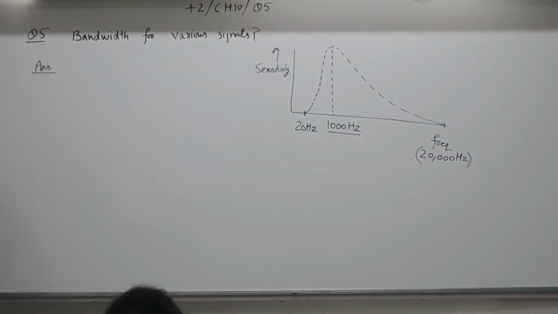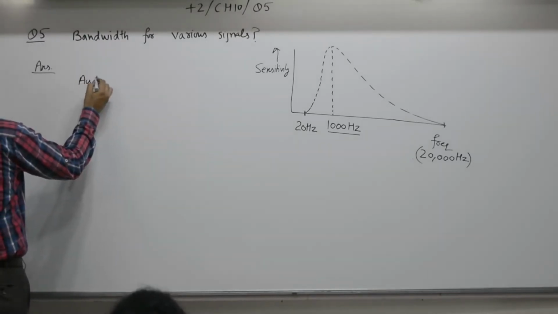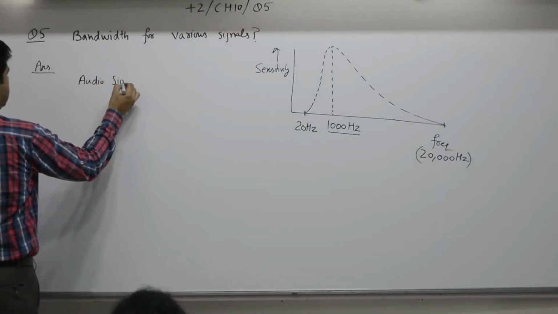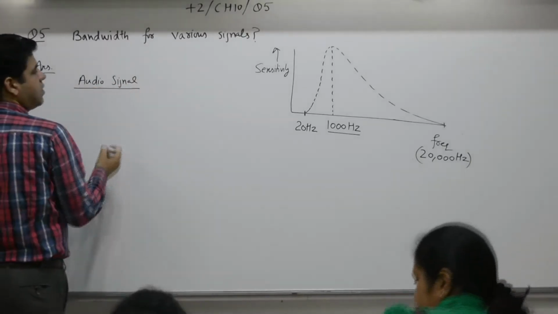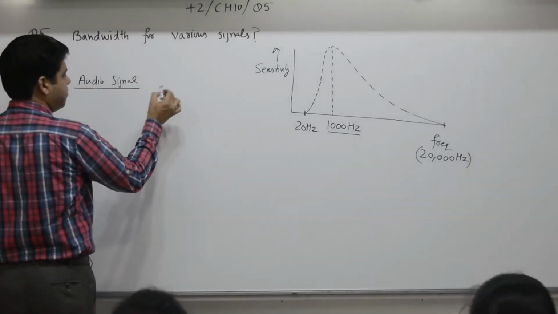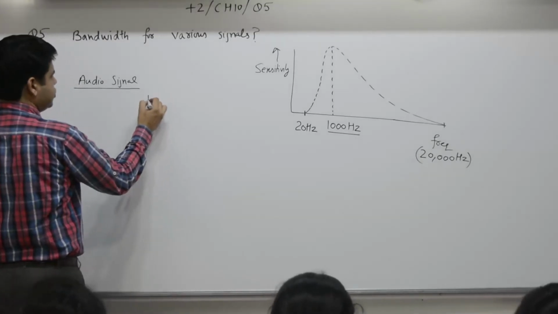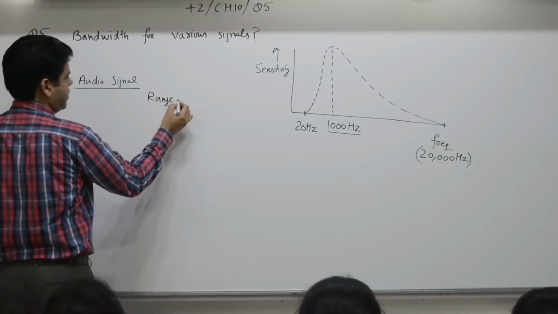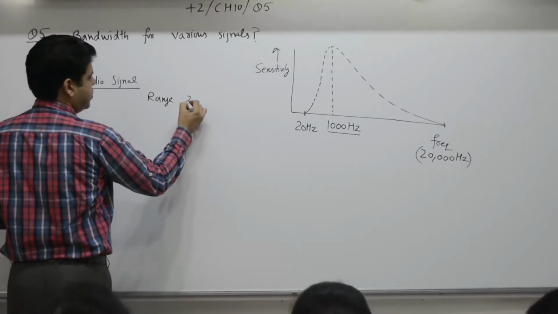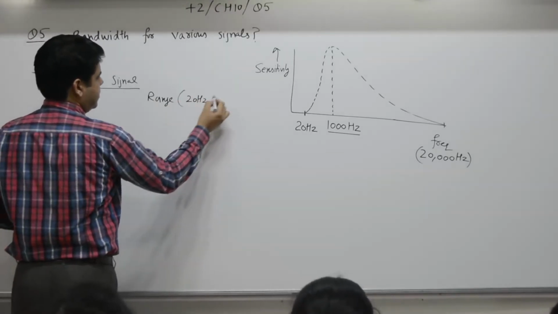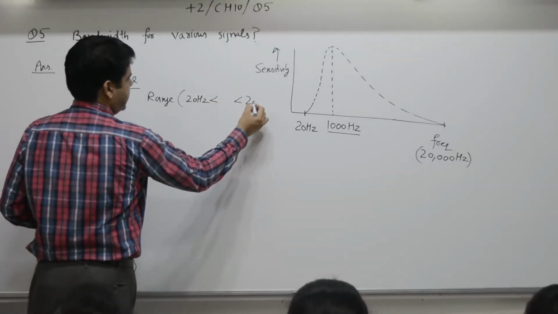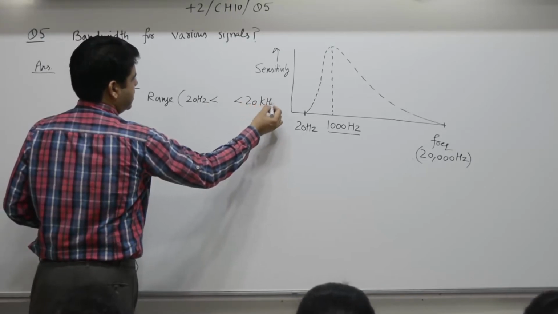So this is written as audio signal. Bandwidth is approximately the range. The first part is range. Range is 20 hertz to 20,000 hertz, 20 kilohertz.